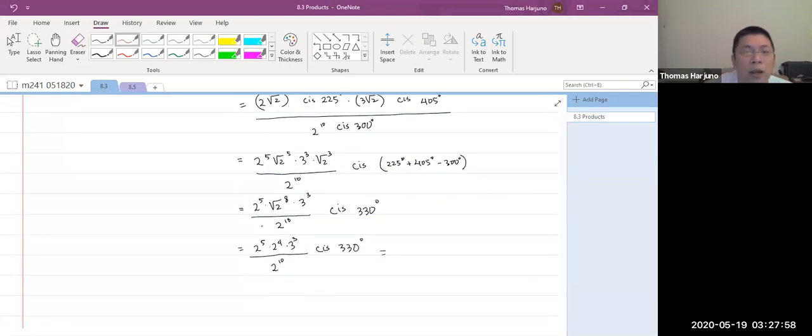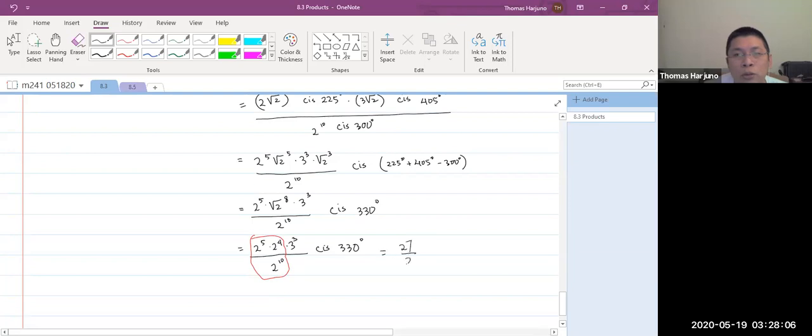Let me combine these. This is 2 to the 9 on the top, 2 to the 10 at the bottom. So that will be 27 over 2, right? Cis, you know what? Let me make it cosine 330 degrees plus i sine 330 degrees.